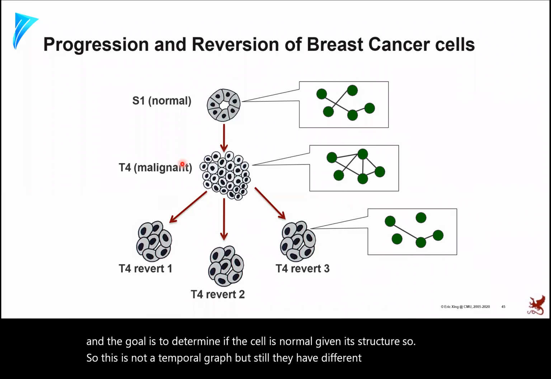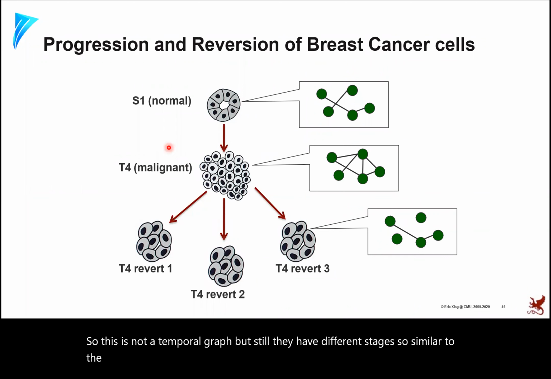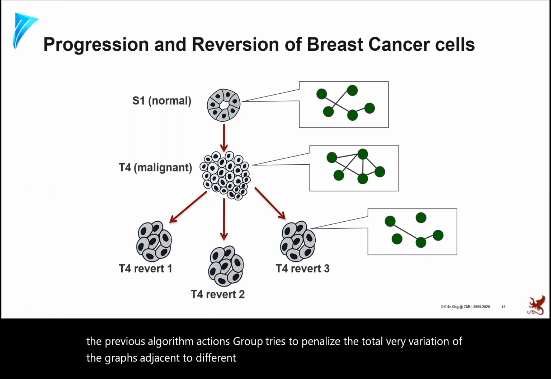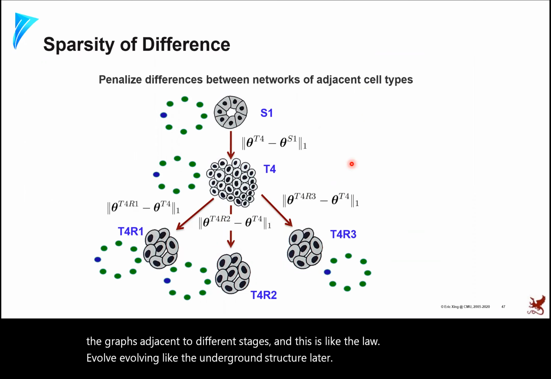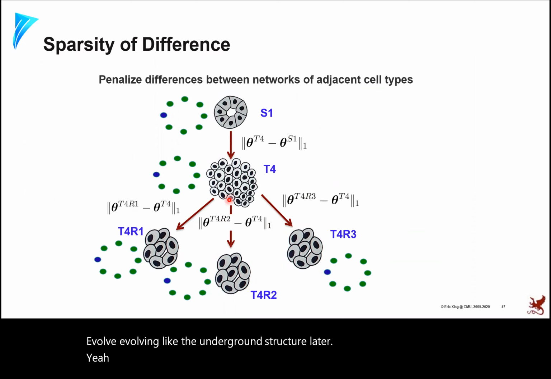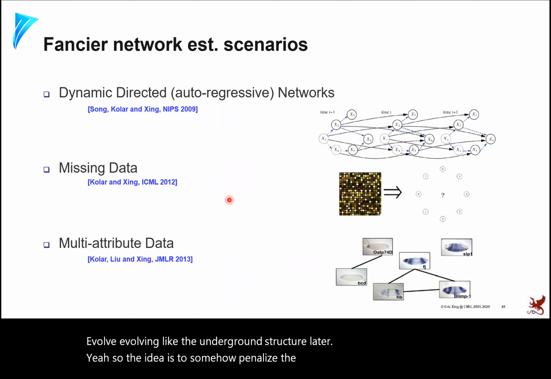Similar to the previous algorithm, Eric's group tries to penalize the total variation of the graphs adjacent to different stages, and this is the evolving graph structure they learned. So the idea is to penalize the difference between two adjacent cell types.